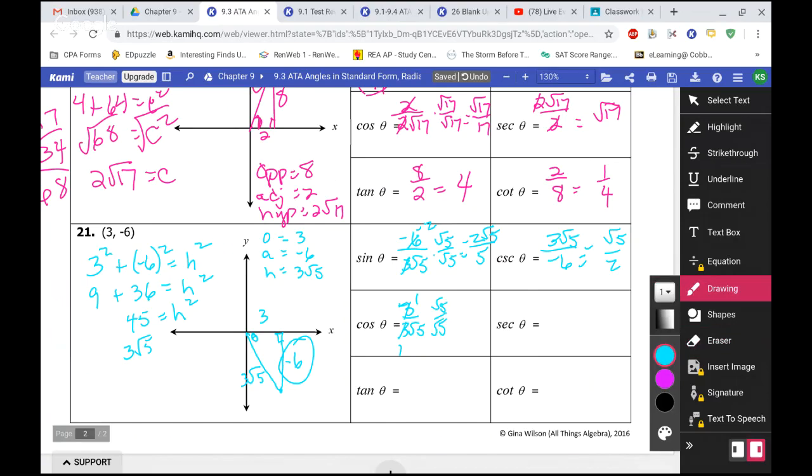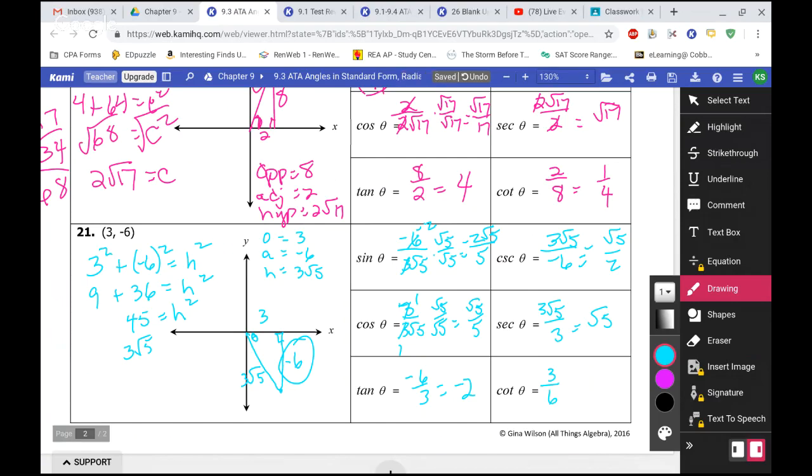And then 3 root 5 over negative 6, or root 5 over negative 2. Root 5, that's not what I got. Did you get root 5 for secant? For secant, I got root 5 over 2, I think, because cosine is adjacent, which is negative 6 over hypotenuse.